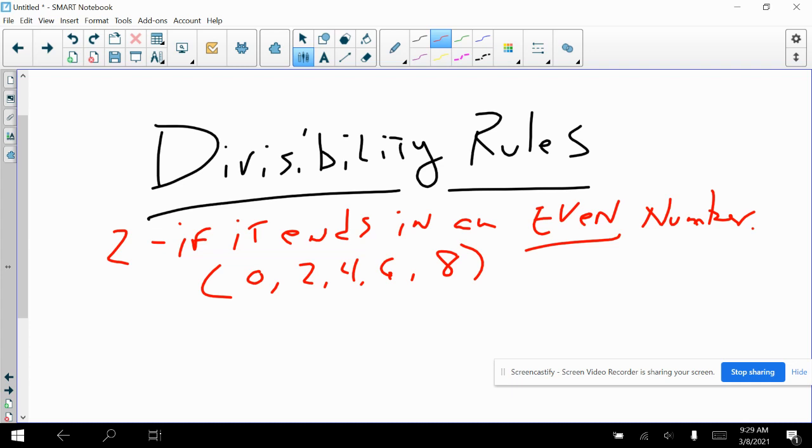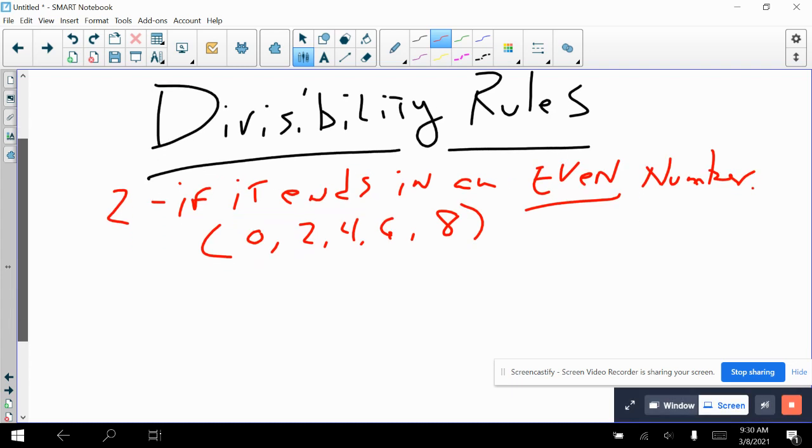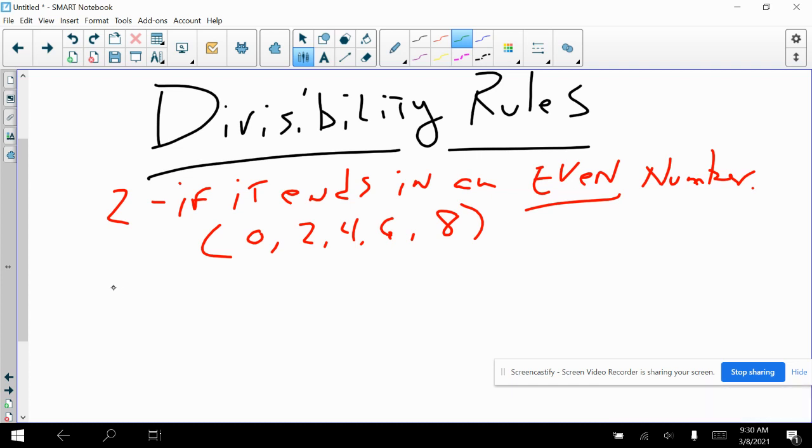If a number ends in an even number, 0, 2, 4, 6, or 8, it is divisible by 2. Now, we've talked about that before, but there's the rule stated for you. Pretty simple stuff. All right, everybody good with 2?